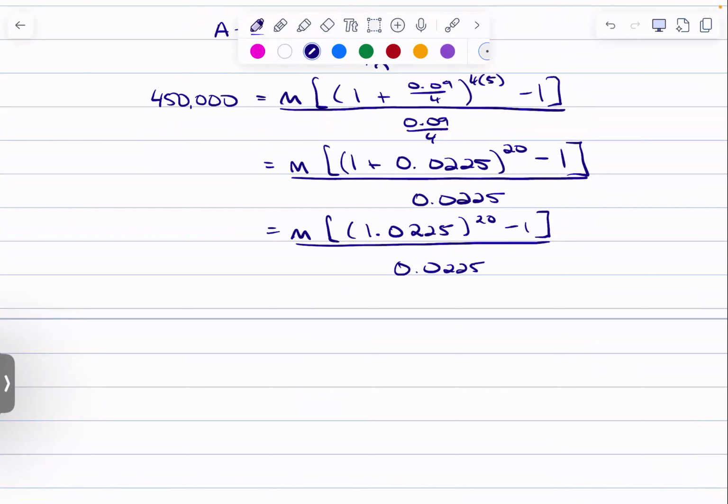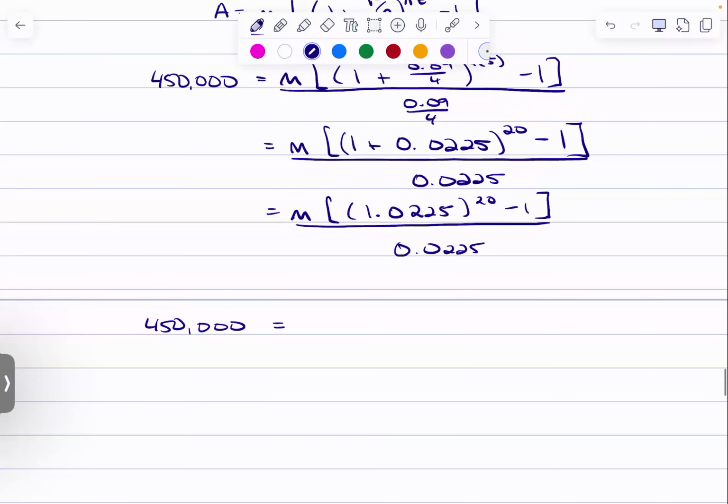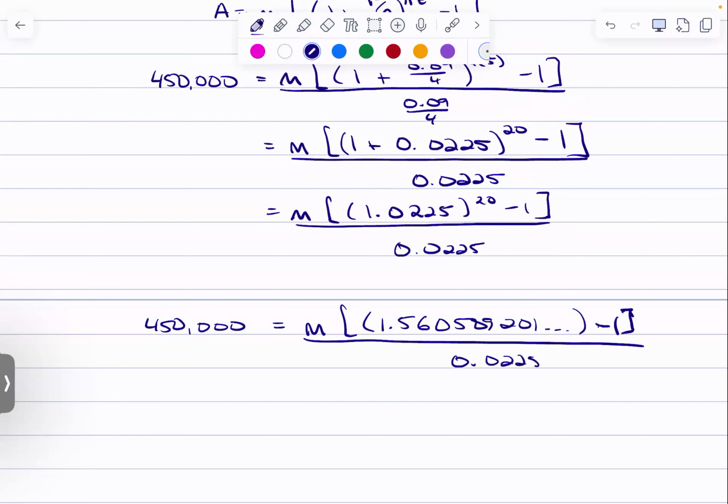It takes way longer if you write it out than to just calculate it. I'll do the 450,000 because I'm on a new page. M times 1.560509201 minus 1, divided by 0.0225.